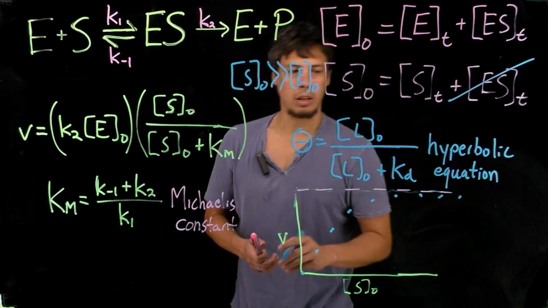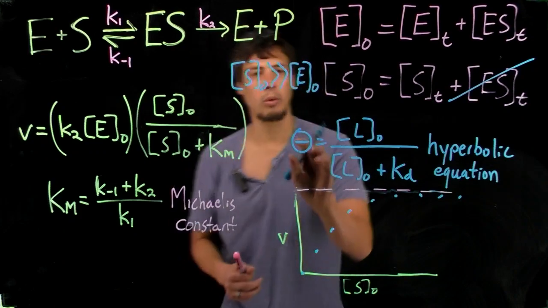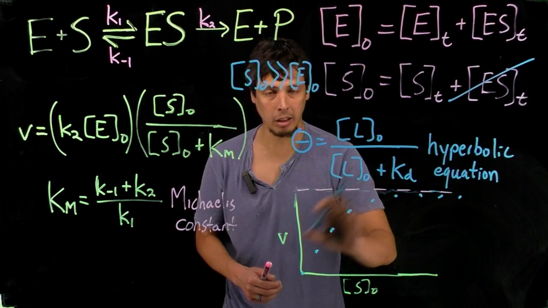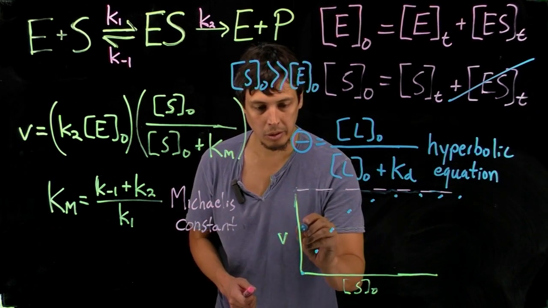Okay? And then the same way that we found KD from a plot like this for ligand binding, we can do the same thing.